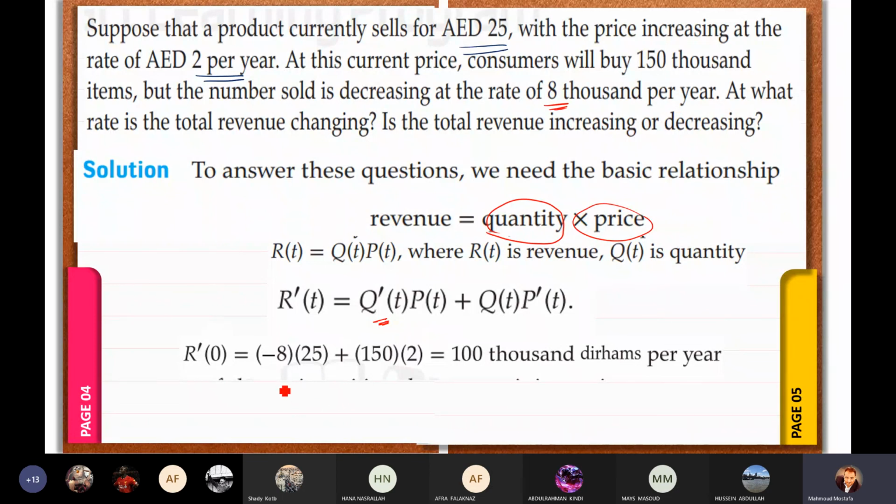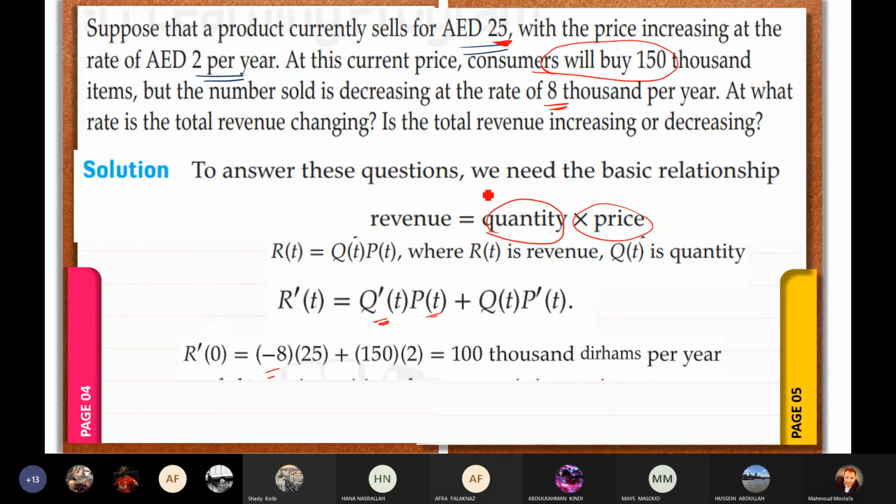So I will substitute by -8. P is the amount here, which is 25, plus Q, the amount he paid, which was 150. How many? 150,000. No need to put 1,000, just put 150.